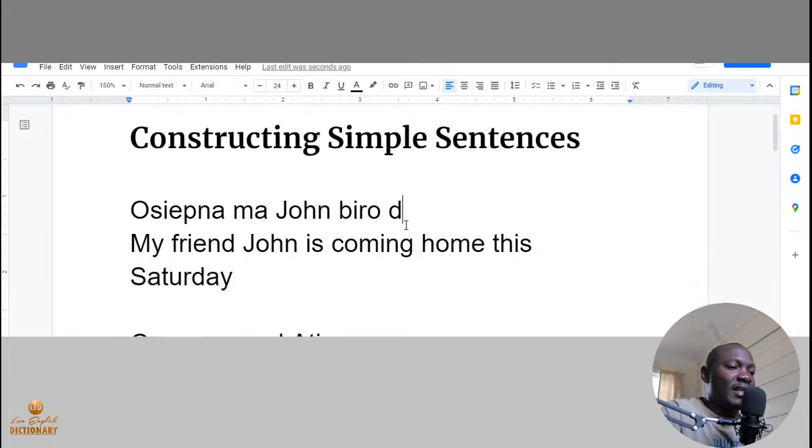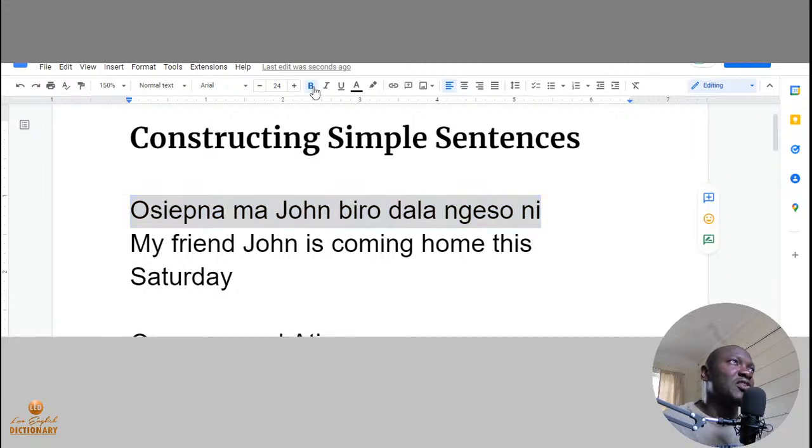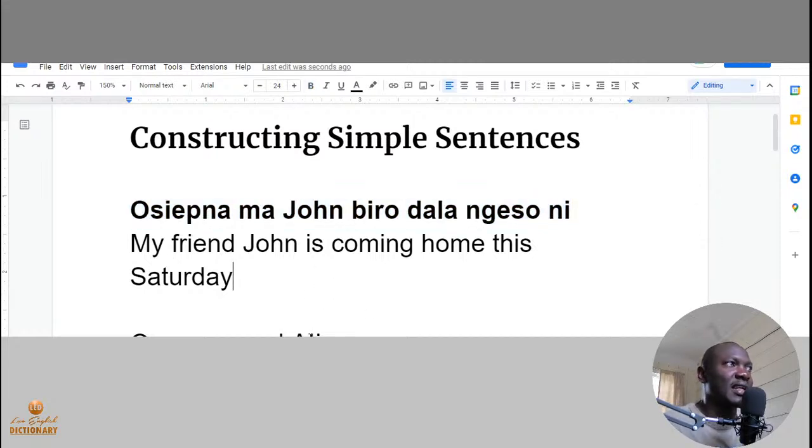Biro dala ngesoni. Okay? My friend John is coming home this Saturday. Osiepna ma John biro dala ngesoni. So, Saturday is ngeso.